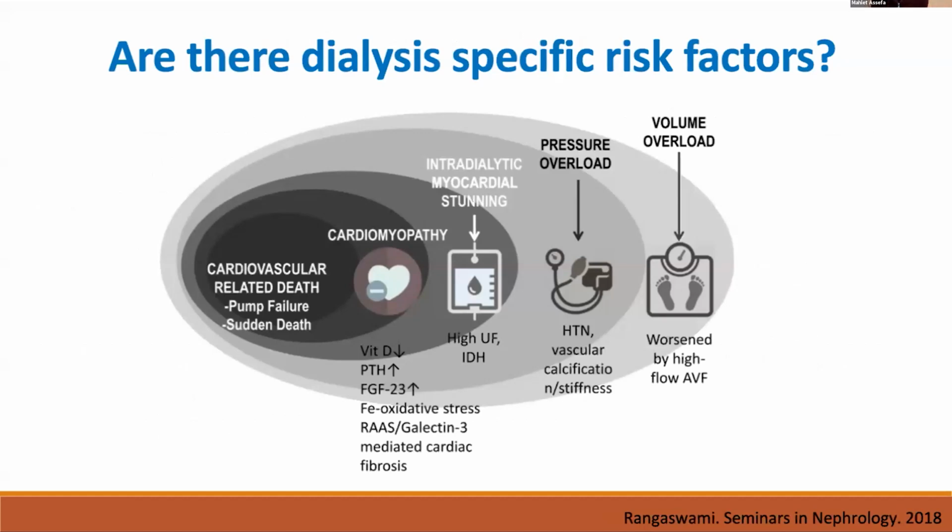We talked about kidney-specific risk factors, but what about dialysis? What risk factors are patients incurring in the context of being on dialysis? This diagram I like talks us through in-center hemodialysis and risk factors that may be associated. Going from right to left, the first part is volume overload.